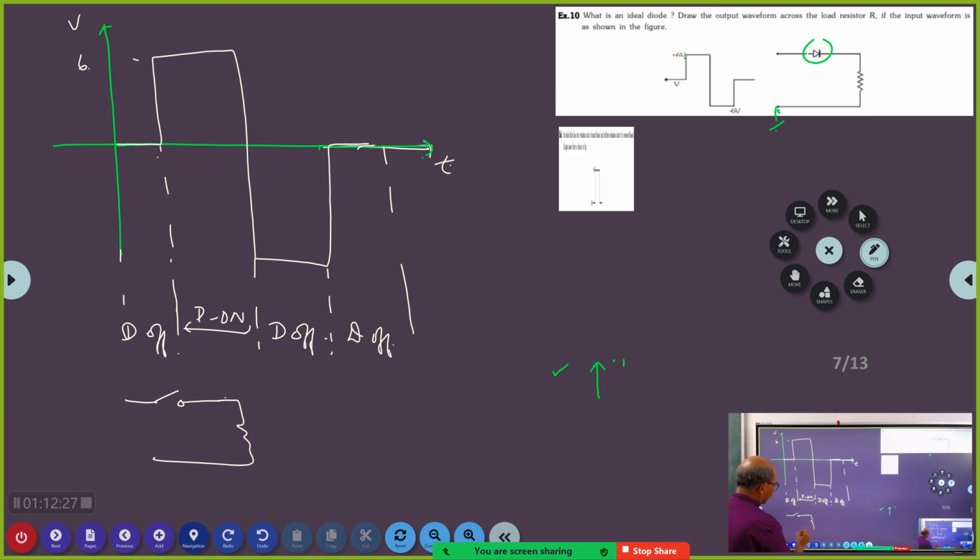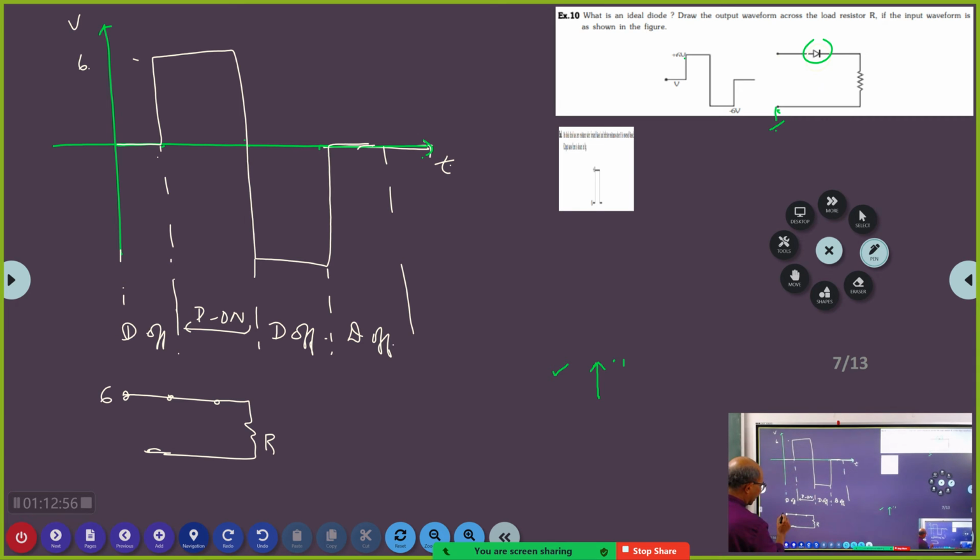Diode is on means what? For the off intervals, you should treat this diode as if it is an open circuit, and then of course you have the resistor. So when the diode is open, no current will flow, therefore the voltage across the resistor is also zero. When the diode is on, you should treat the diode as if it is a short circuit.